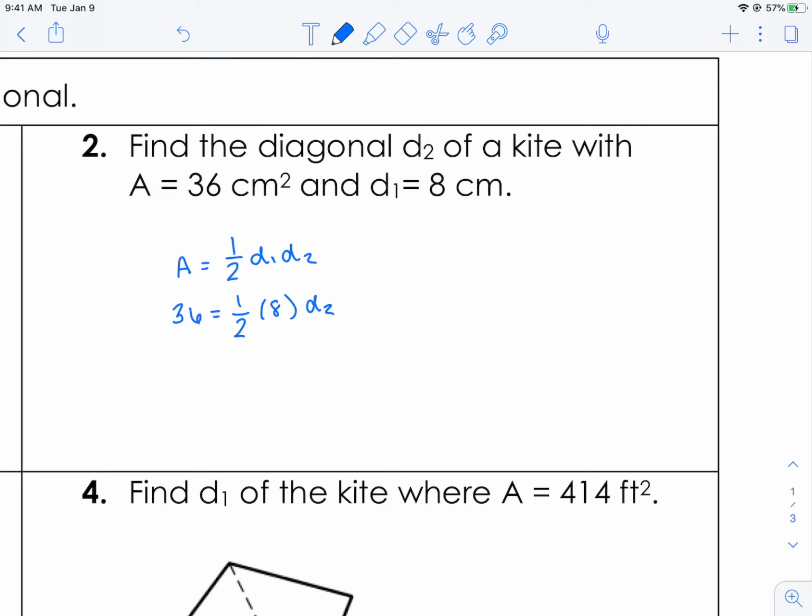Well, 1/2 times 8 is 4, so I have 4 times diagonal 2. To get diagonal 2 by itself, I'm going to divide each side by 4. So D2 is equal to 9. Since it's just the length of a diagonal, I just use the regular unit, so centimeters.